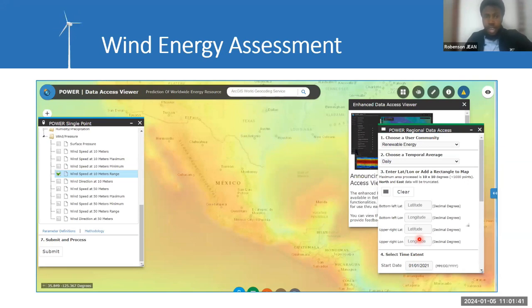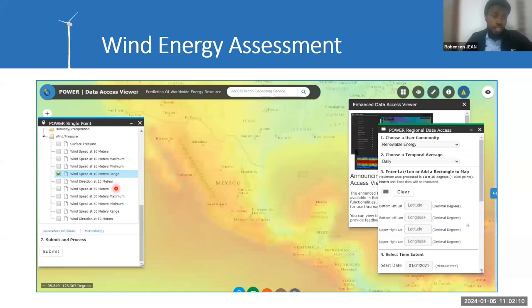You can see that I'm here in Mexico. I can select the place or a range. Here you can give the upper limit and the bottom limit, and then for the selected area, you will have the wind speed at several heights, the heights that you want.